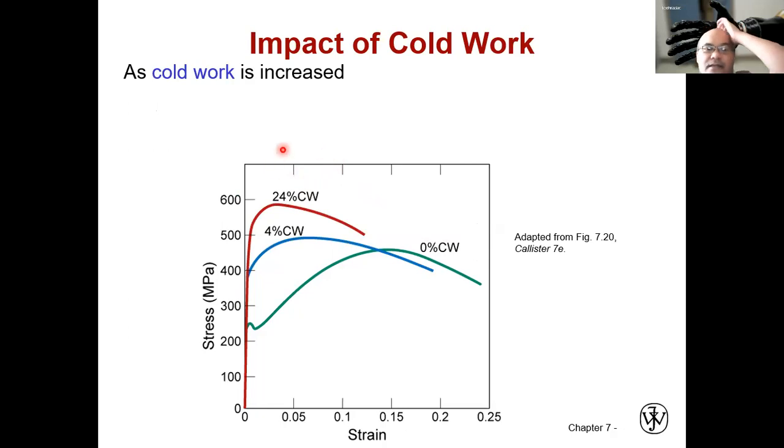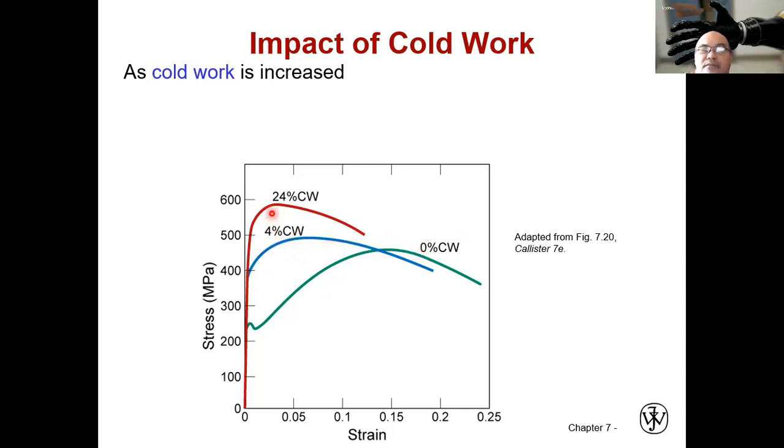As cold work increases, as we see, at 0% cold work, yield strength is in this region and ultimate tensile strength is in this region, 400 something megapascal. When you do 4% cold work, yield strength increases a little bit, and tensile strength also increases a little bit.